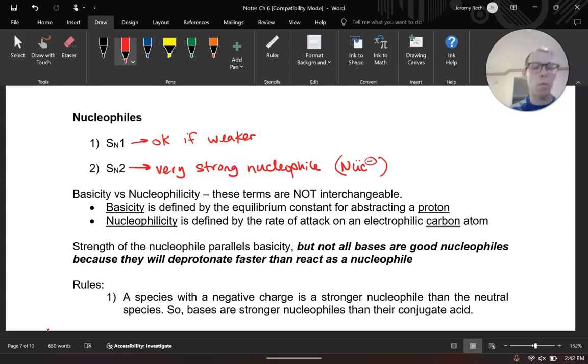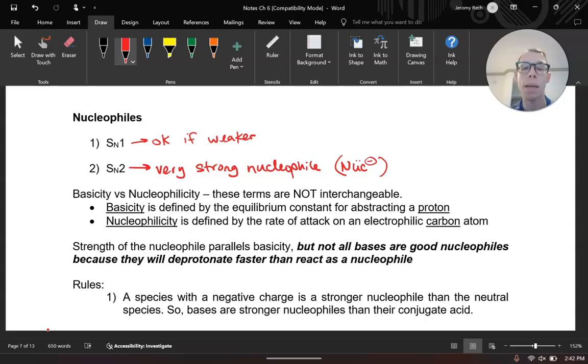Now, we've talked a lot about bases, and there's a lot of similarities between bases and nucleophiles. However, the terms basicity and nucleophilicity, describing the strength of a base or the strength of a nucleophile, are not interchangeable. That's something a lot of organic chemists sometimes interchange, but I do want to formally define it here.